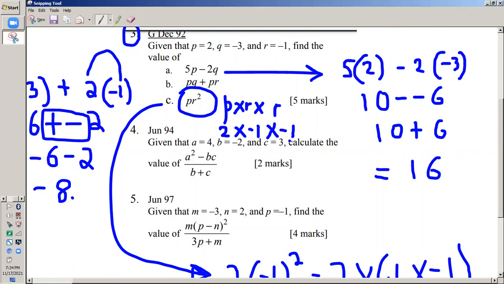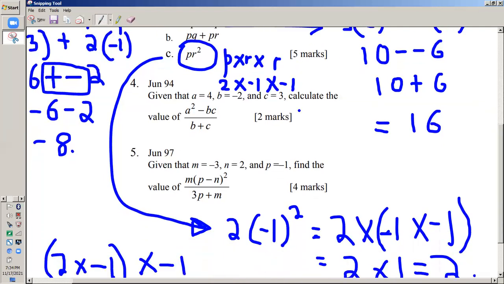Yes, sir. That is what I have. But show me where you have something different. You broke up a while ago. Say it again. Sir, just as you have the P times R, that is what I have: 2 bracket -1 times -1. But on the bottom part, you have a different setting out.